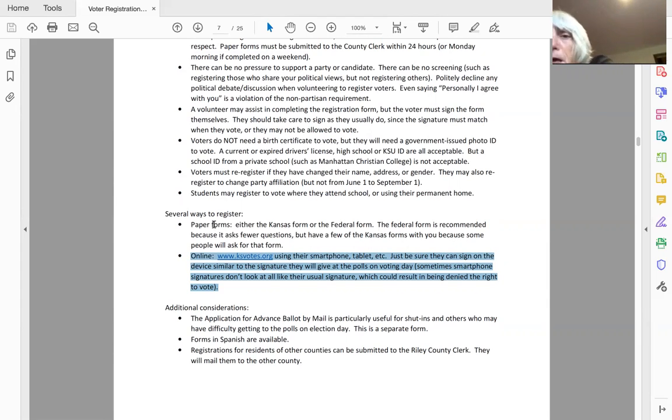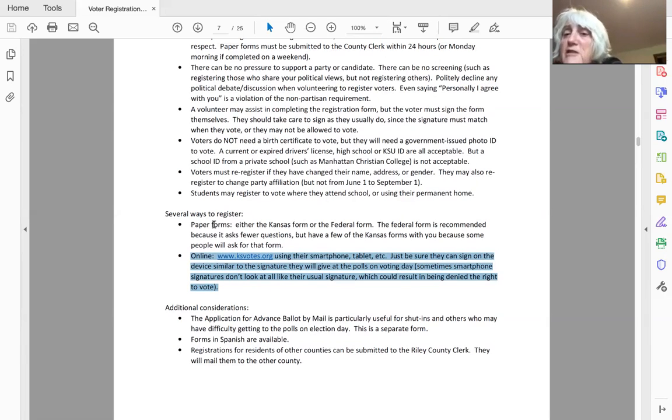Okay. And one other thing I see under additional considerations, and Scott, in case I forget to tell you, I think you really made this very clear, and I appreciate that very much. The advantage with ksvotes.org is that when you run across students who want to register at home but live here, it's very easy for them to sign up for a mail-in ballot at ksvotes.org, as long as they have a driver's license.